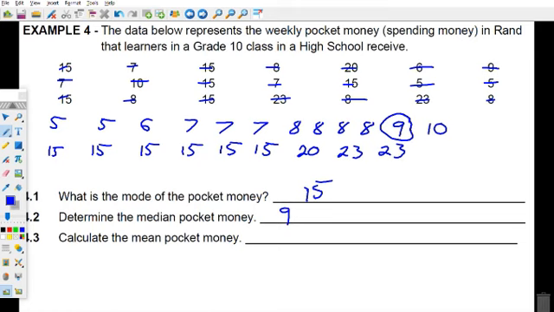Calculate the mean pocket money. What's the mean? That's the only formula. It is x-bar equals the sum of x, the sum of all the points, divided by n, the number of points we have.